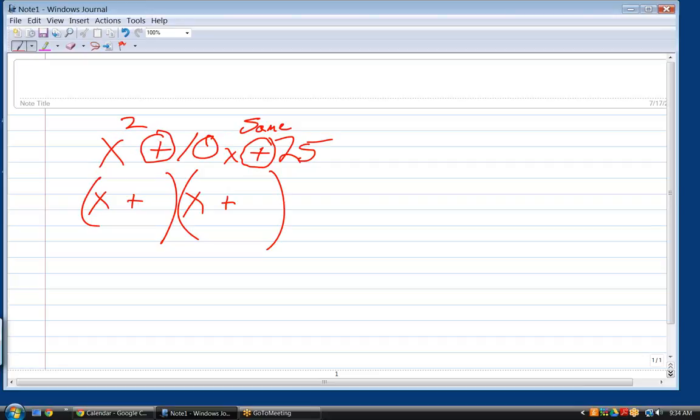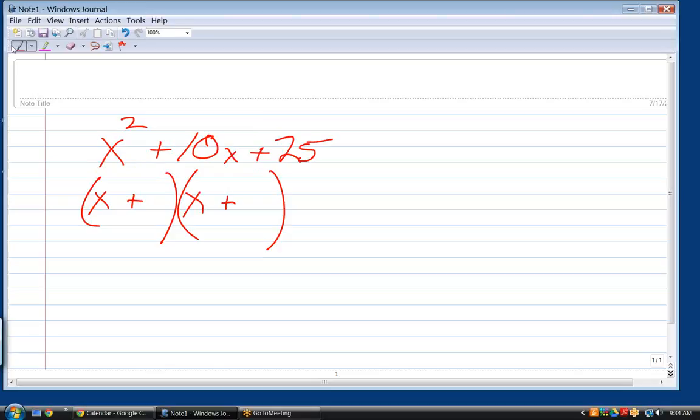So you have to look at both the signs of the constant term and the signs on the middle term. Very important when factoring. Now, that's steps 1 and 2. Splitting apart the x's and figuring out what both signs are. Step 3.